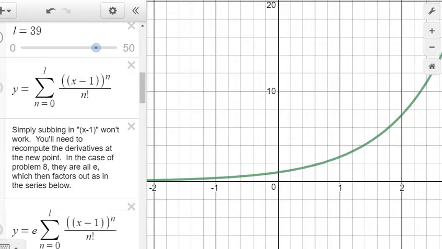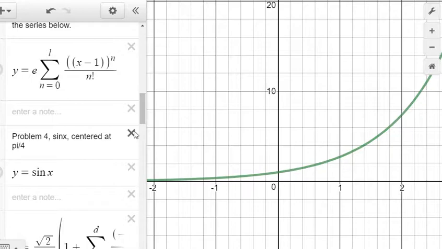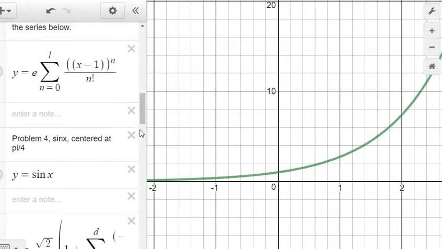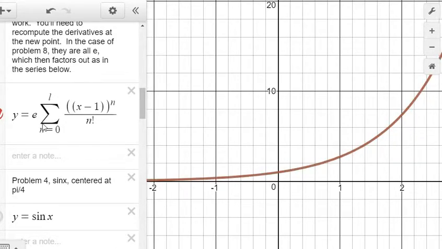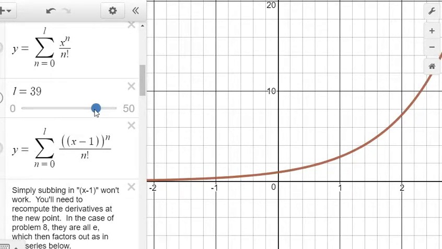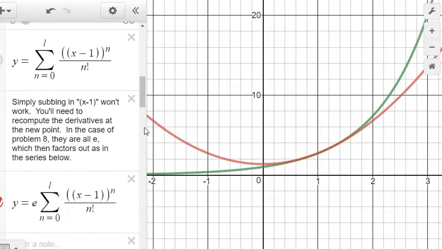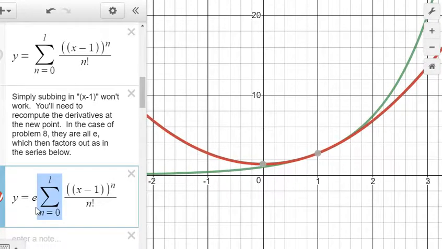Okay, so let's take a quick look at the graph here. So there's your function e to the x. The difference is this is our series here where we've accounted for the shift and accounted for the new coefficients.